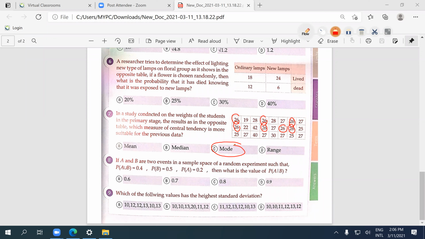So I write the rule of the conditional also. A conditional B will be equal to the probability of the intersection over the probability of the second. The probability of the second is given, so down you have 0.5. But what about the probability of the intersection? I don't have the probability of the intersection. What shall I do?